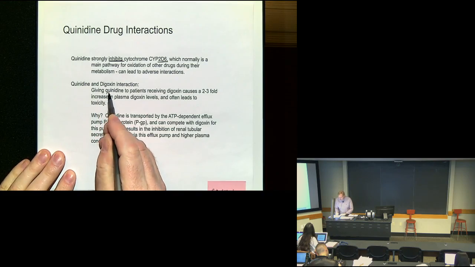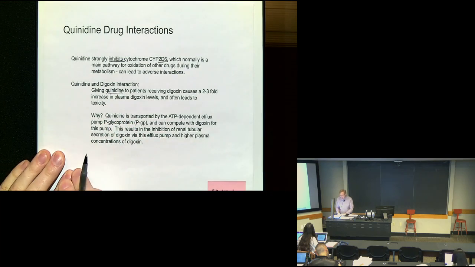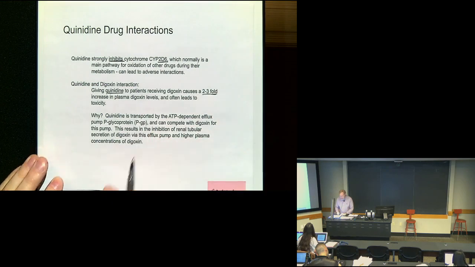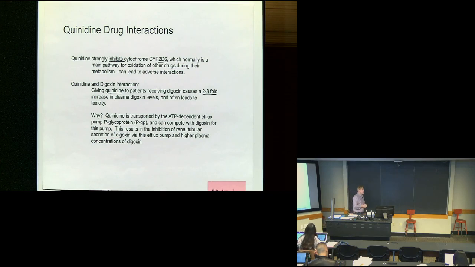But if you give quinidine to these patients, you can get a fairly large increase in the plasma levels of digoxin. That's because when we get rid of these, they go through this ATP-dependent efflux pump called P-glycoprotein, and they both want to use that efflux pump to get out of your system.